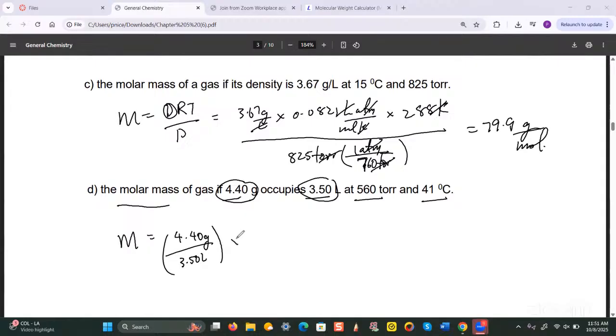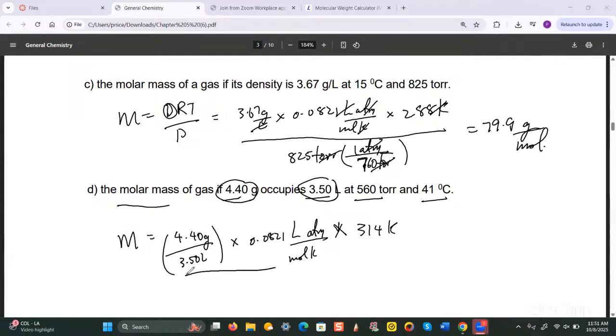You're going to multiply that by 0.0821 liters atmospheres over mole Kelvin, and then multiply by the temperature, which is 41 plus 273, so 314 Kelvin.